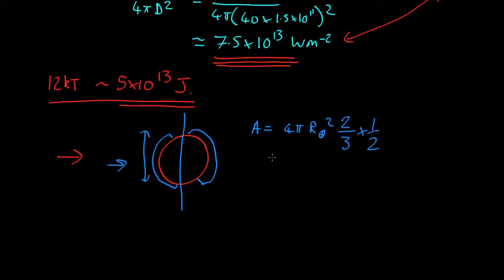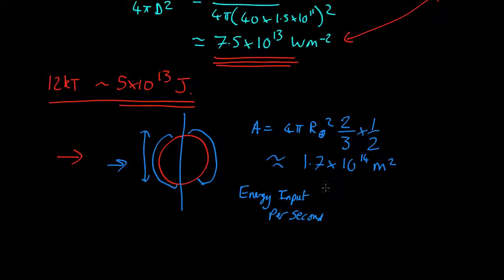That gives you an estimate of the area of the oceans on the Earth, which comes out as about 1.7 by 10 to the 14 square meters. So how much energy is arriving? So the energy input per second is equal to the area times the flux.